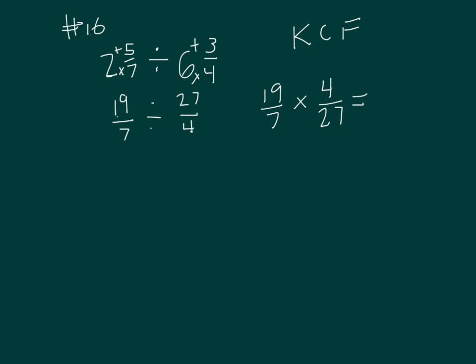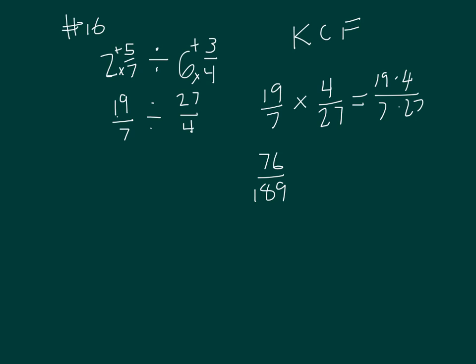And then when you multiply fractions, it's top times the top, bottom times the bottom, or numerator and denominator, the real words there. 19 times 4 is 40 plus 36, which would be 76. 7 times 27, 140 and 49 is 189. So that's the fraction we end up with, which is not too pretty.